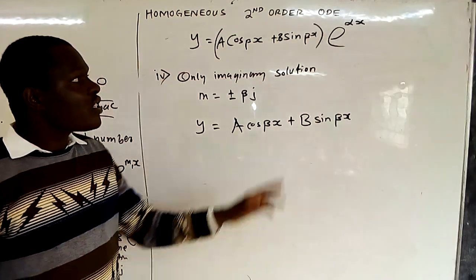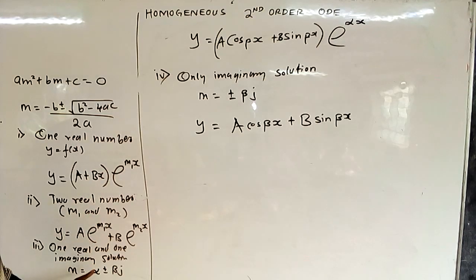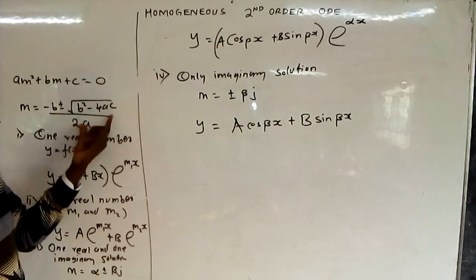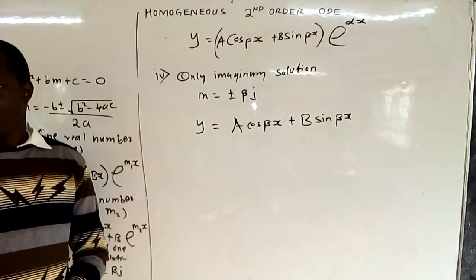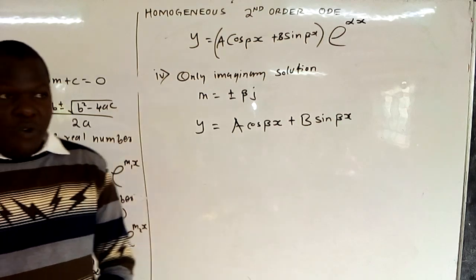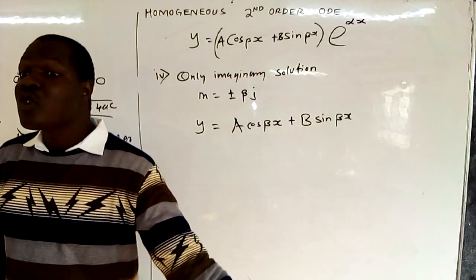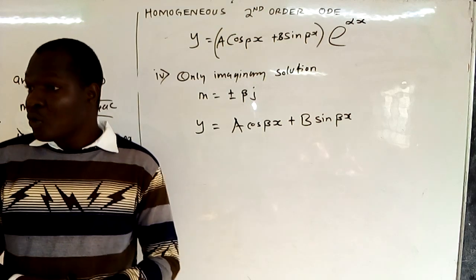So you've seen these are all the four possible solutions of homogeneous second order ordinary differential equation. Meaning, if you get two real numbers, there is a solution you expect, isn't it? When you get one real number, there's a solution you expect.